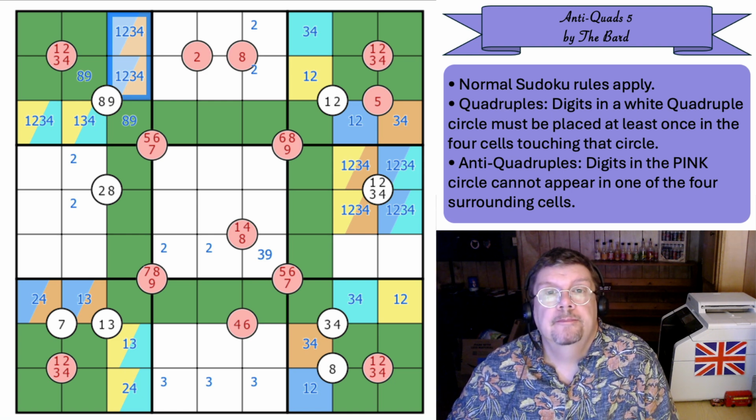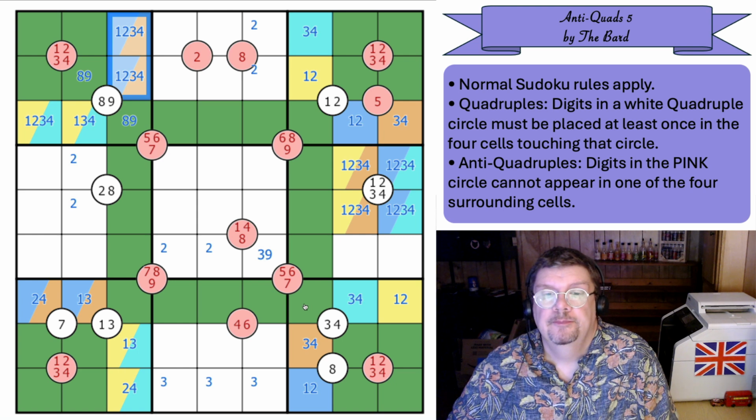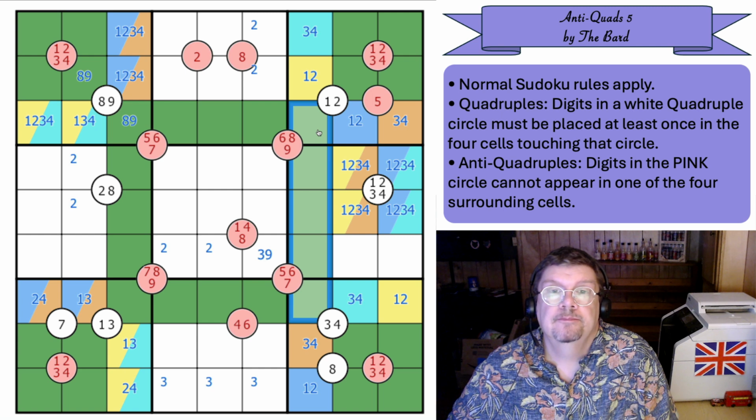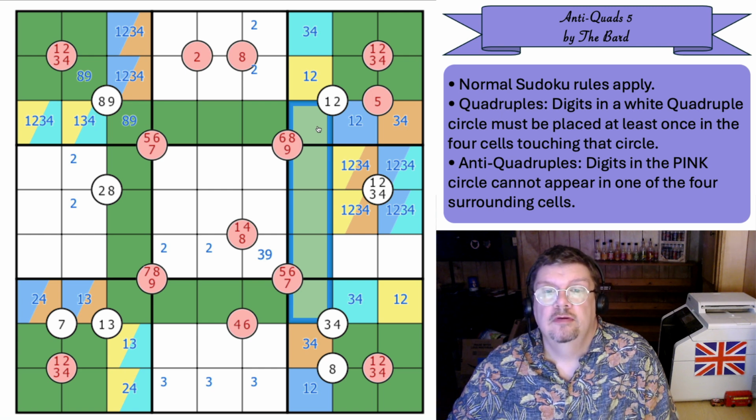How does that help? Not sure, but I will think about it. Okay, right. So these digits are from 5, 6, 7, 8, and 9 because they're not 1, 2, 3, and 4.